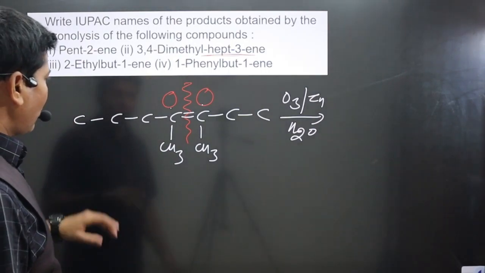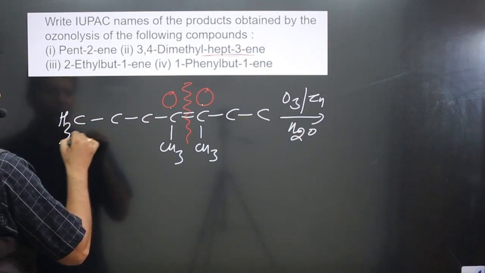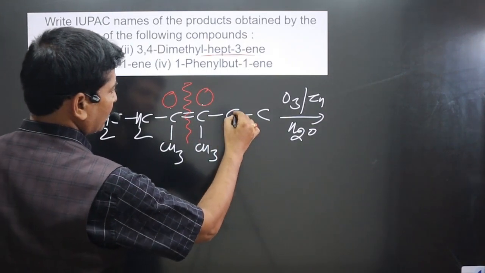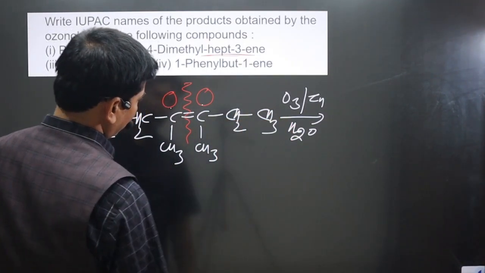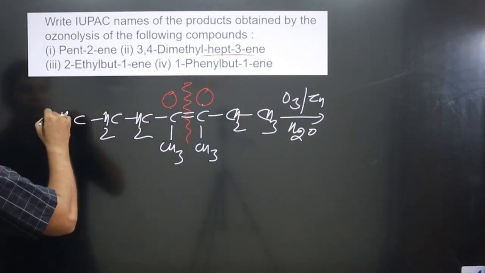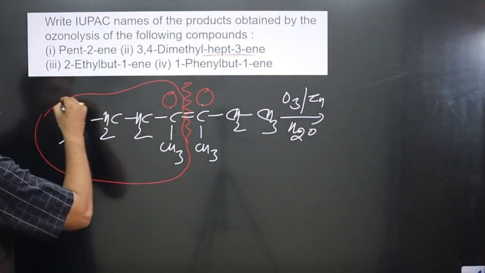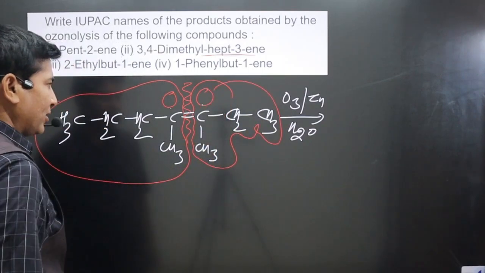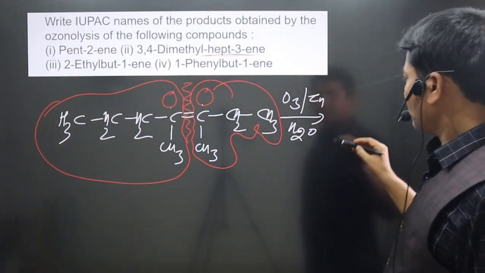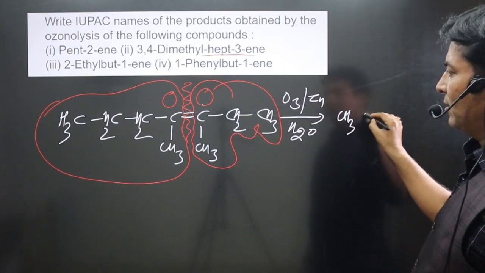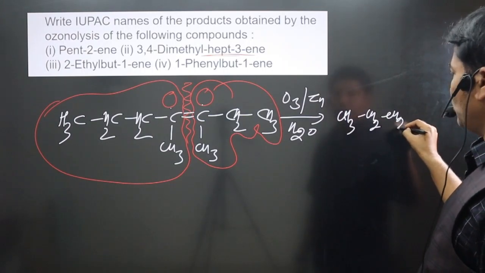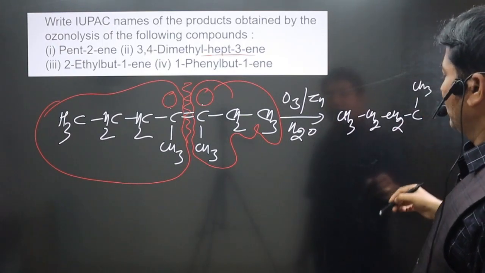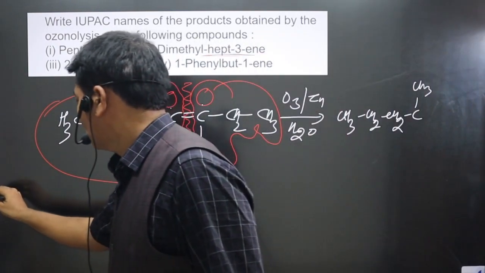Now satisfy the valency of carbon: CH3, H2, H2, here satisfied already, here also satisfied, and we have CH3. This is one product we got and this is another product. Let's write it: CH3CH2CH2C, we can mention CH3, and otherwise we can mention like this also.